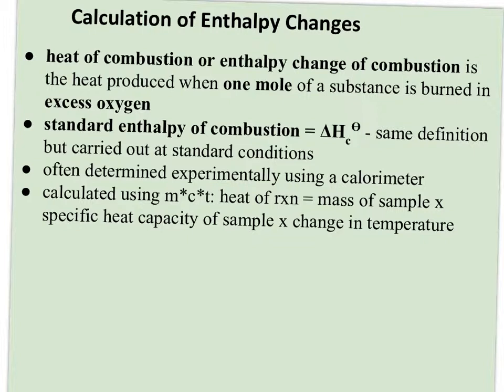It's often determined experimentally using a calorimeter, and we'll talk more about calorimeters, and it's calculated using q = mcΔT, or the mass of the substance times the specific heat of the substance times the change in temperature. And I should actually have delta T there.